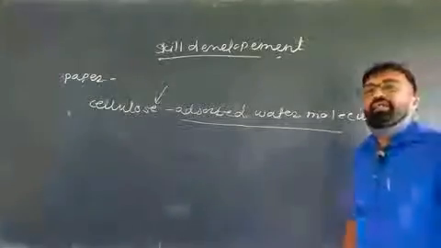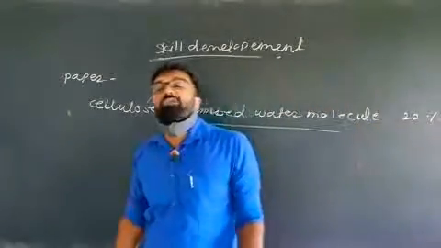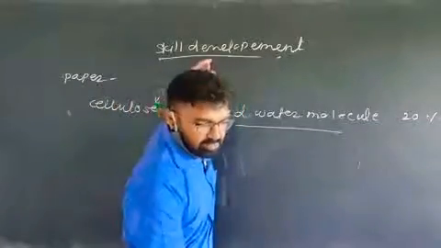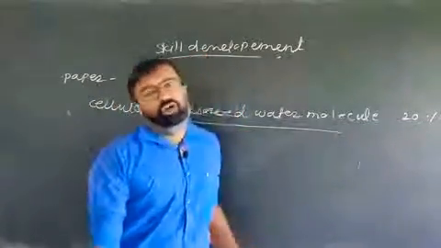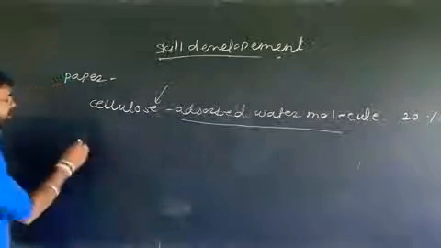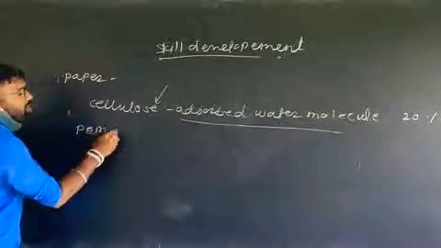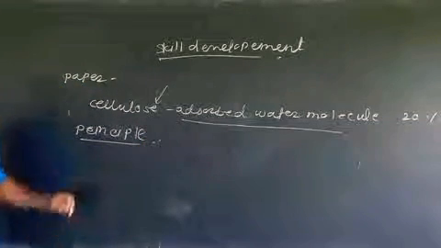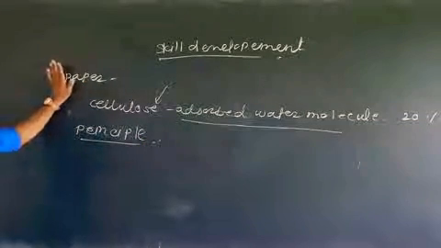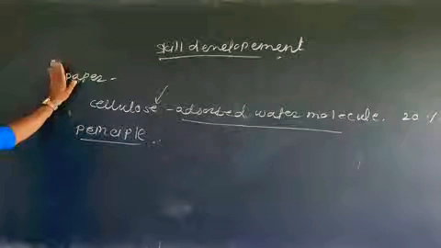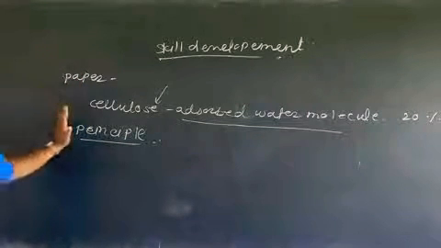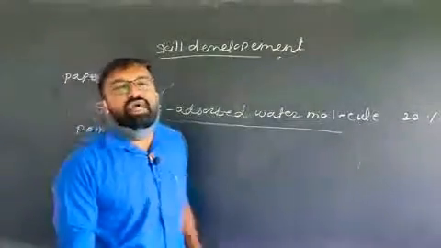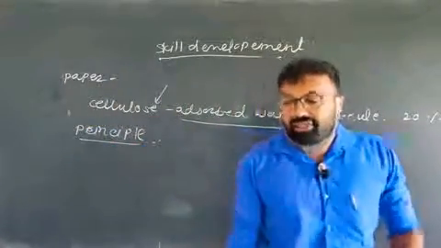Therefore, it is a partition type of chromatography because water is used as a stationary phase, right? If you think about the principle of paper chromatography, it is a partition type of chromatography, definitely, because water, that is a liquid, is used as the stationary phase.